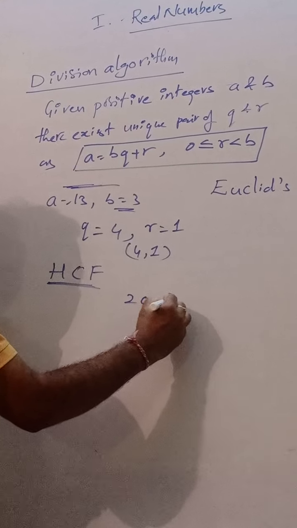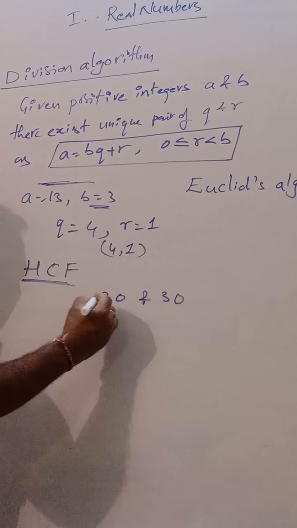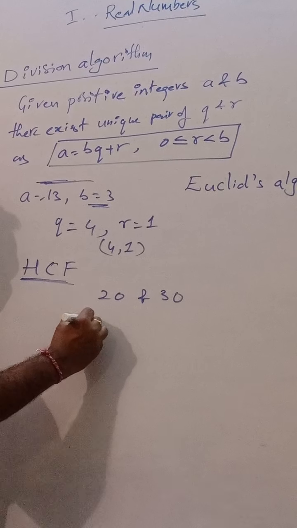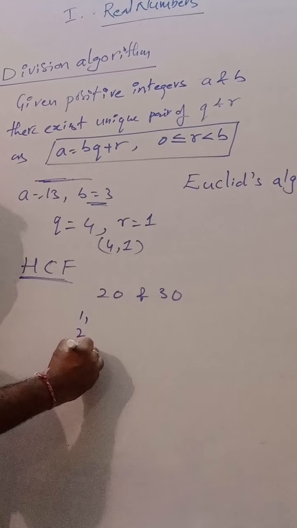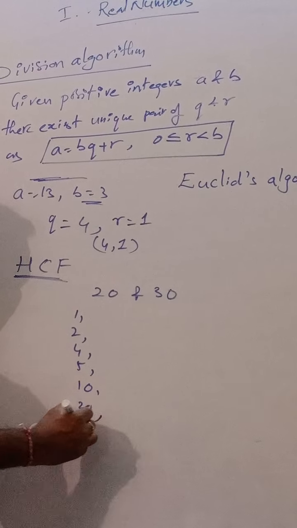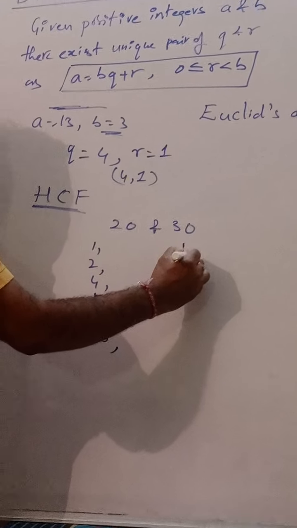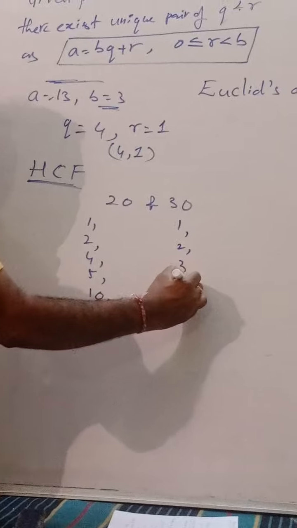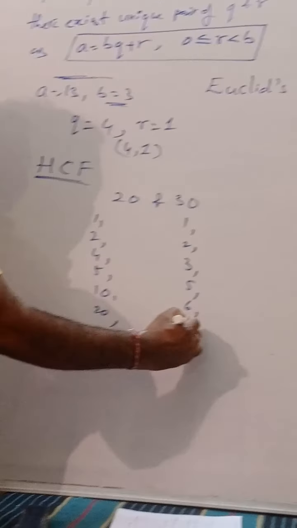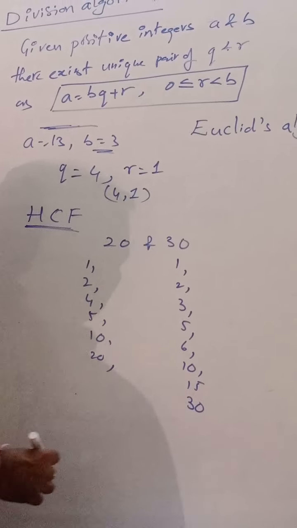If you take 20 and 30, the factors of 20 are 1, 2, 4, 5, 10, 20. What are the factors of 30? 1, 2, 3, 5, 6, 10, 15 and 30.